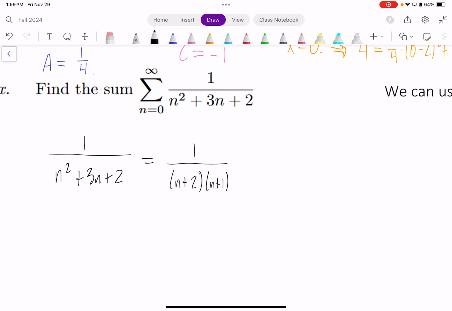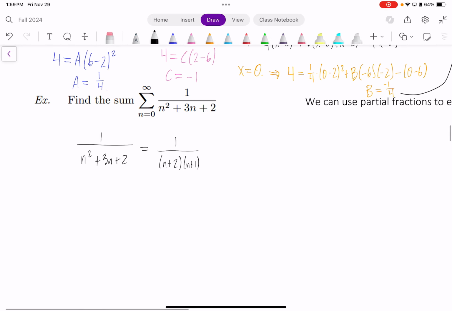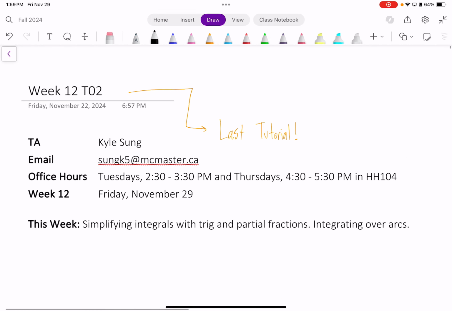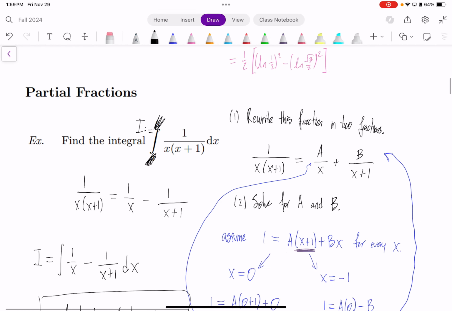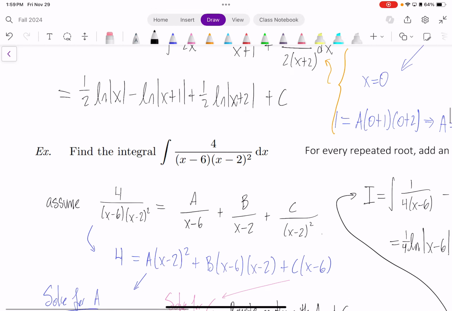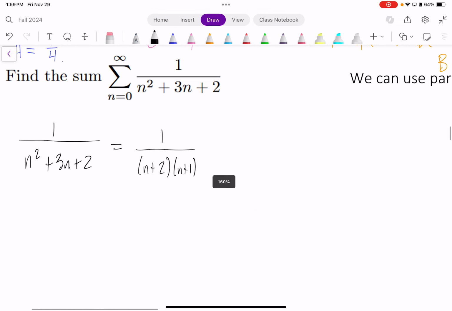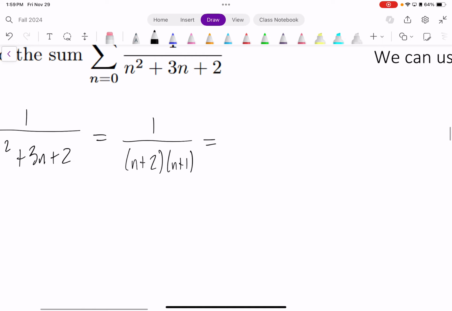Aha! What do we notice about that? We can apply partial fractions to this. Okay, so let's apply our partial fractions. Actually, we might have solved n plus 2 over n plus 1 before. Oh no, we did x and x plus 1. Okay, so we have to redo this one from scratch.